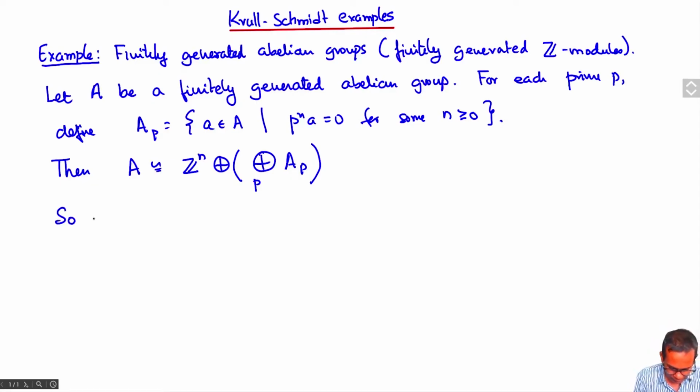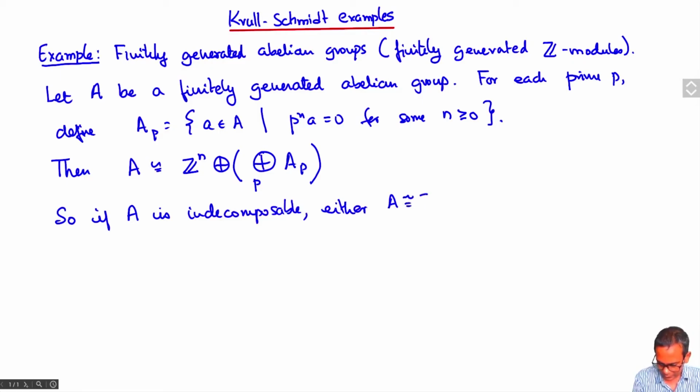So if A is indecomposable, either A is isomorphic to Z, or A is A_P for some prime number P. So either A is free and it's isomorphic to Z, or A is what is known as P primary for some prime P.